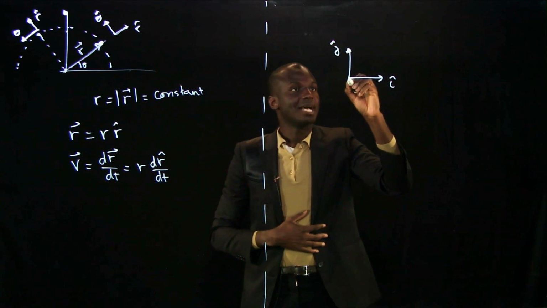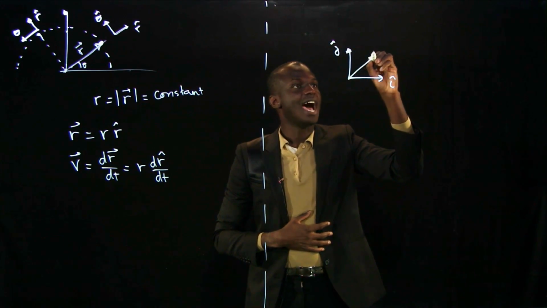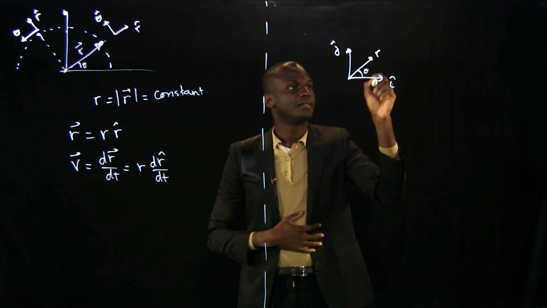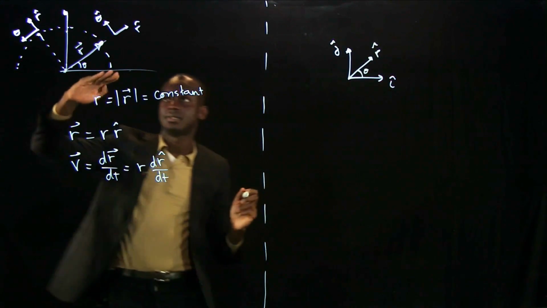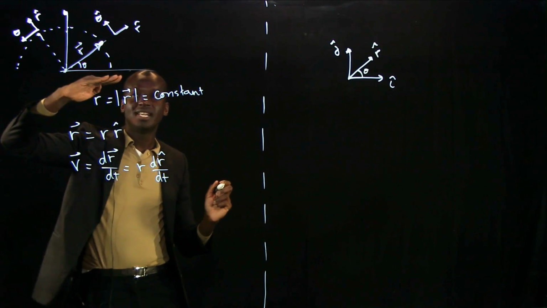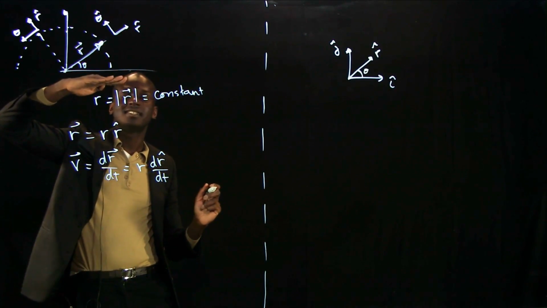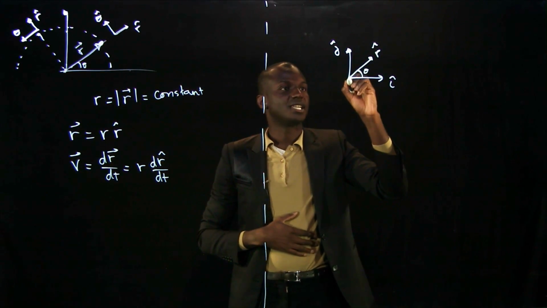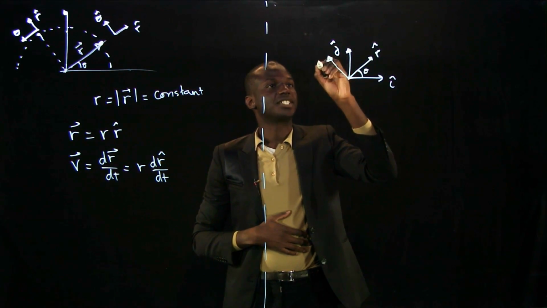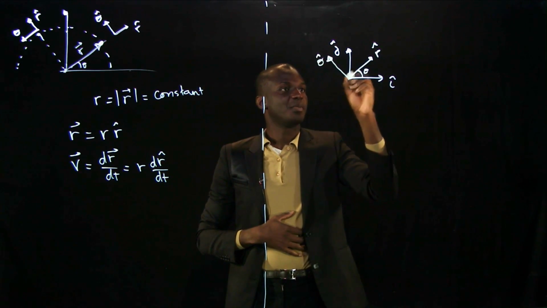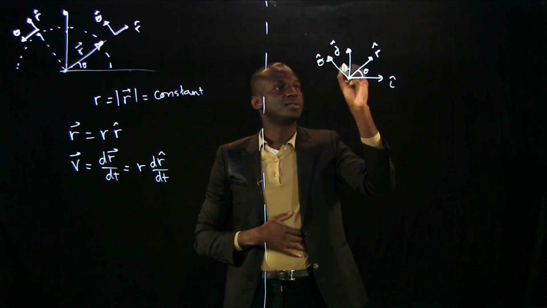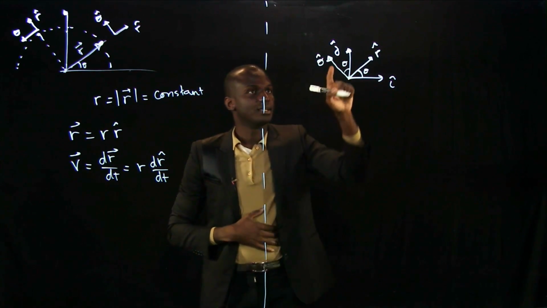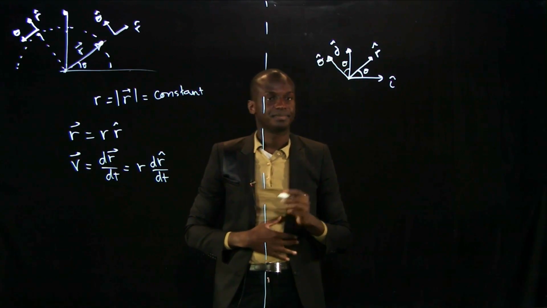We've established that r hat is a rotation from the i hat direction, meaning that this r hat direction is a rotation of an angle theta from the x-axis. So similarly, the theta hat direction, which is perpendicular to the r hat direction, will be a rotation of an angle theta with respect to the j hat direction.